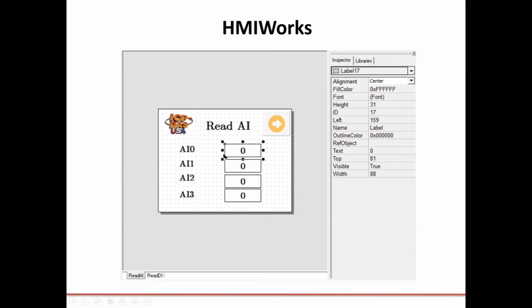What you see in the middle, each box is an object, and inside is a label, and the label is tied to a tag, and the tag represents your analog input values. So this is just a very basic program for reading analog input values.